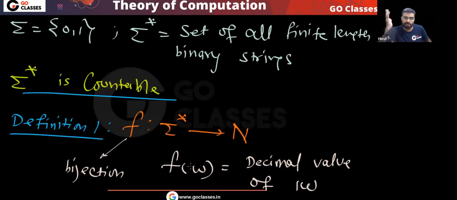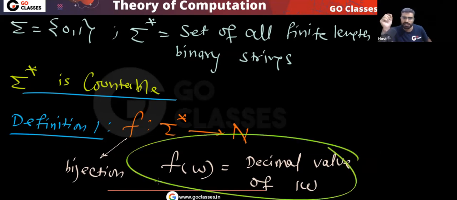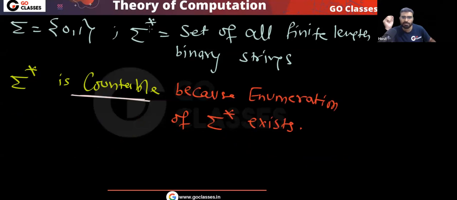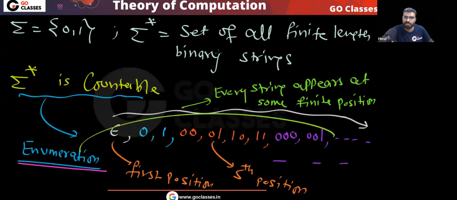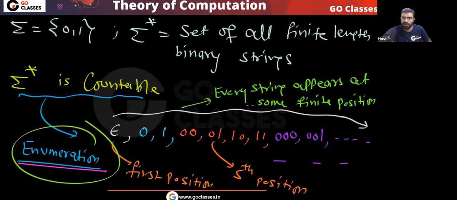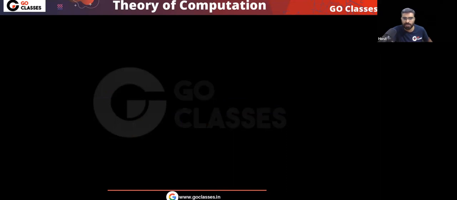Can you think of this bijection, the decimal value of 1w, or is it easier to just create an enumeration? Enumeration is easy, yes or no? Just create a sequence, an enumeration in which every string appears at some finite position. So this is what I'm saying, that definition 2 is easy to apply.